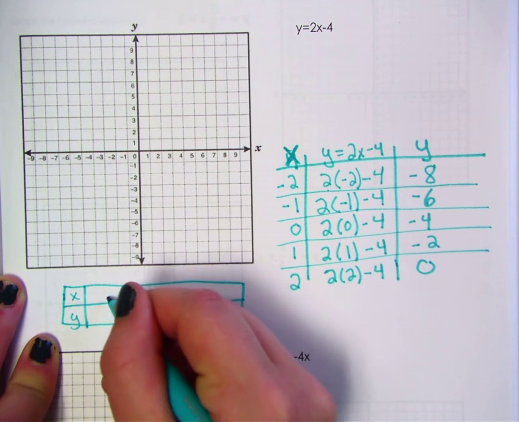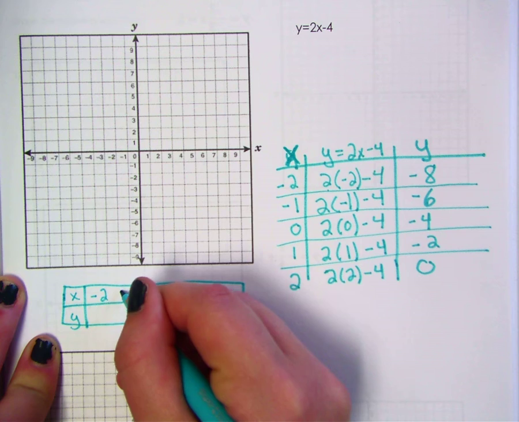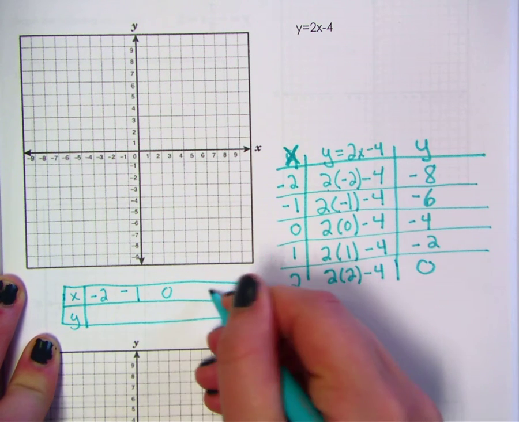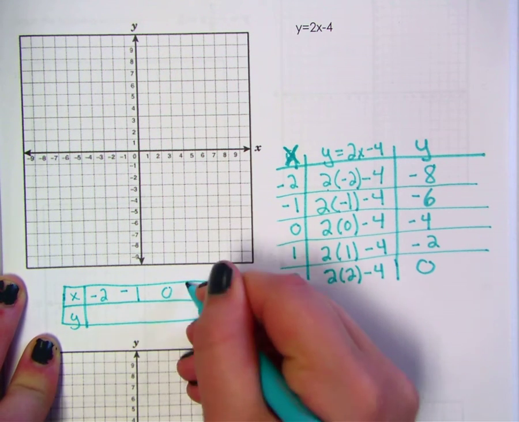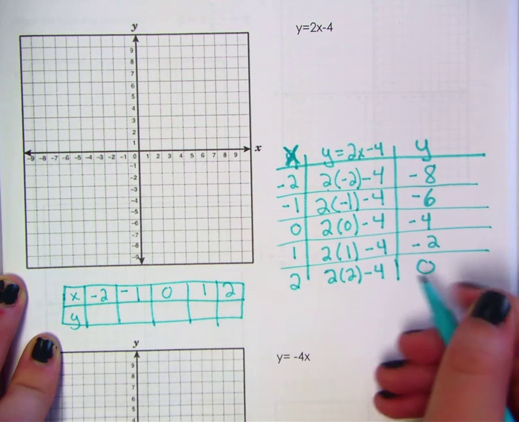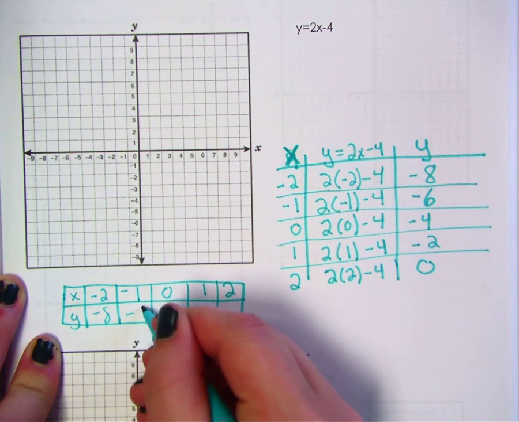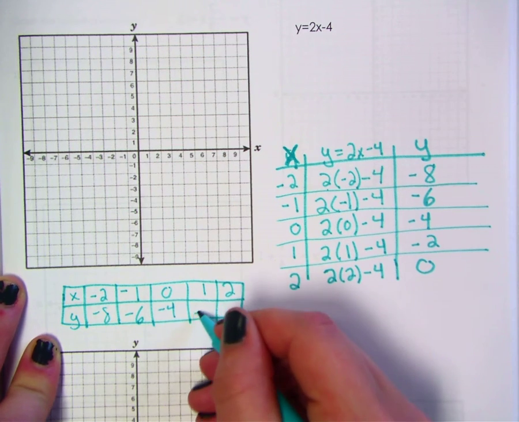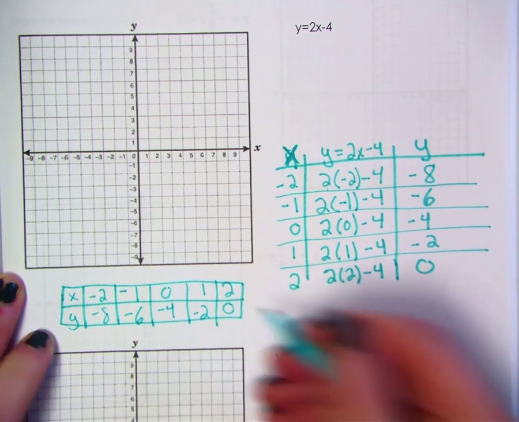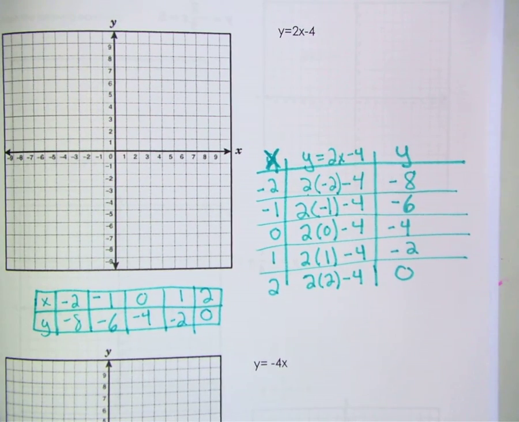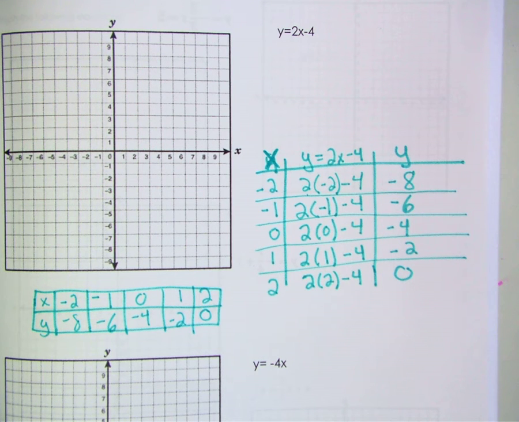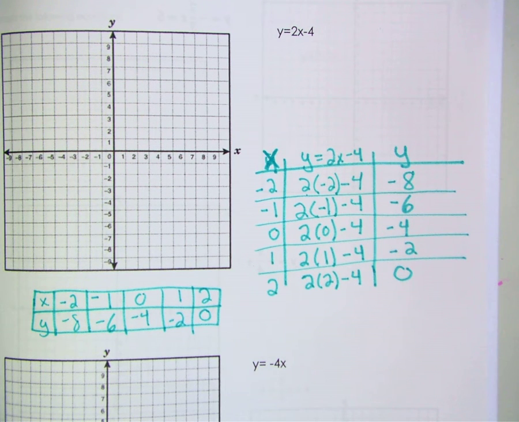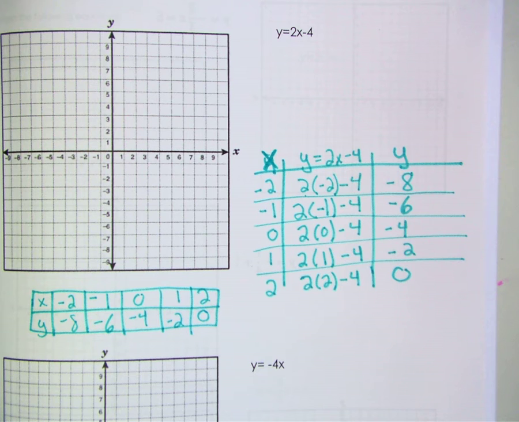X, y, -2, -1, 0, 1, 2. Then we would have -8, -6, -4, -2, 0. Alright, so you can graph those points and find your slope from the graph and your y-intercept from the graph, or you can use your table.